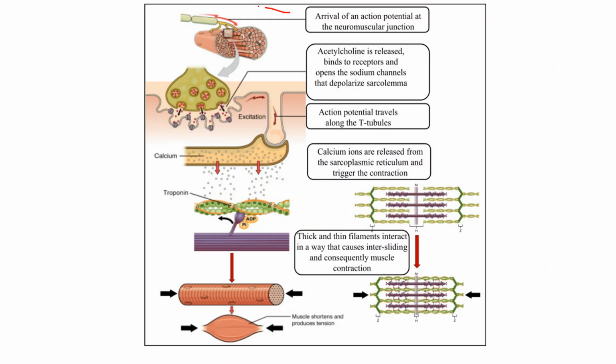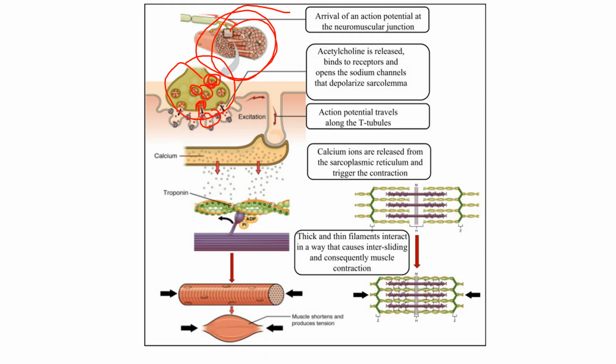Here also we can see the action potential at the neuromuscular junction. This is the structure of acetylcholine. Here we can see that the synaptic knob has this neurotransmitter. At the end of the presynaptic neuron, the synaptic vesicles rupture and release the acetylcholine.